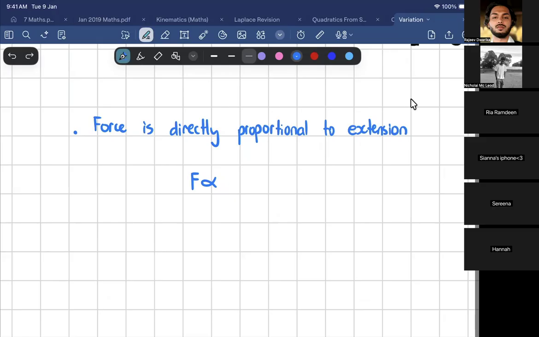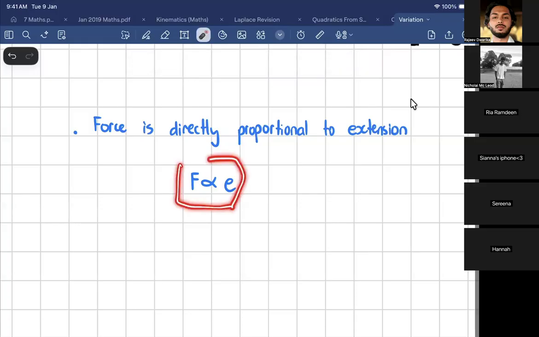So this is the first line, and this line directly tells a person that force is directly proportional to extension. Good. Now, Sienna, we're not done yet because this is a qualitative analysis. Qualitative is like using adjectives. I'm just saying that force is directly proportional to extension. But do you know by how much? Do you know the exact value? Do you know the exact relationship?